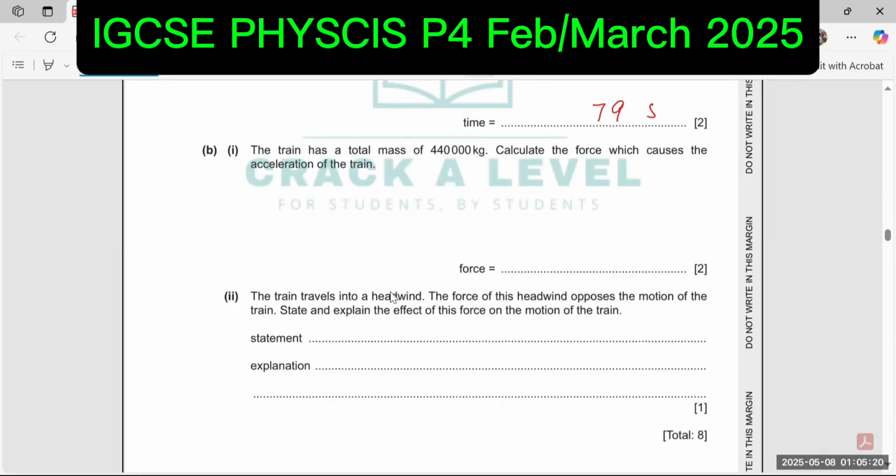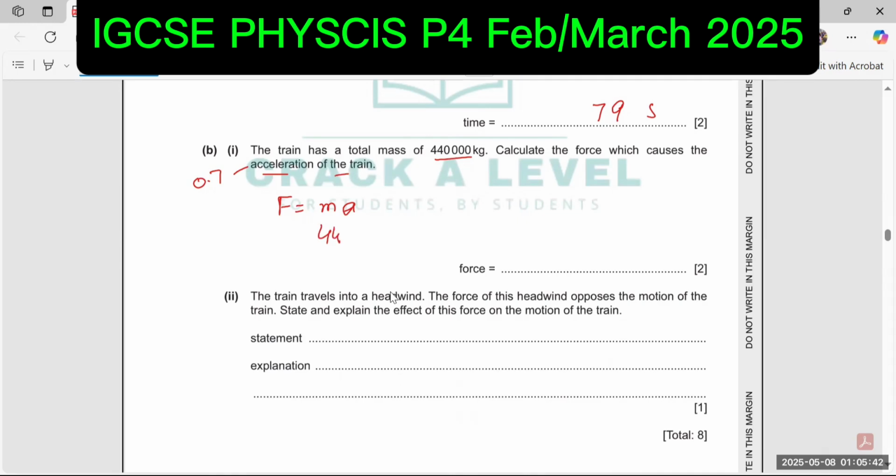Part B1, the train has a total mass. Calculate the force which causes the acceleration of the train. As we know, the acceleration was a constant 0.7, so if the acceleration is constant, the force is constant. We will apply Newton's second law. Force is equal to mass times acceleration.